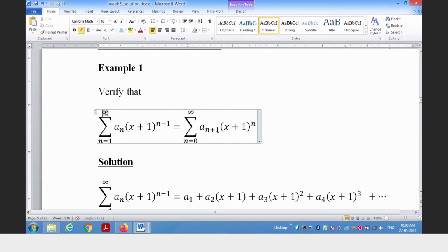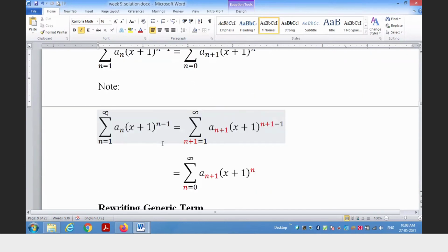To make it power of n, you got to replace this n with n plus 1, so that n plus 1 minus 1 will equal n. So we shift, right? In order to make the power x power of n, you have to change this n on your left hand side with n plus 1.